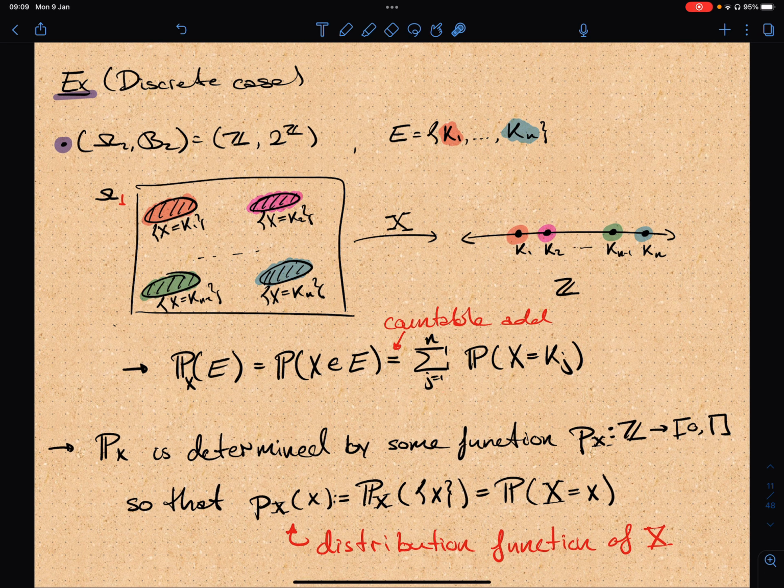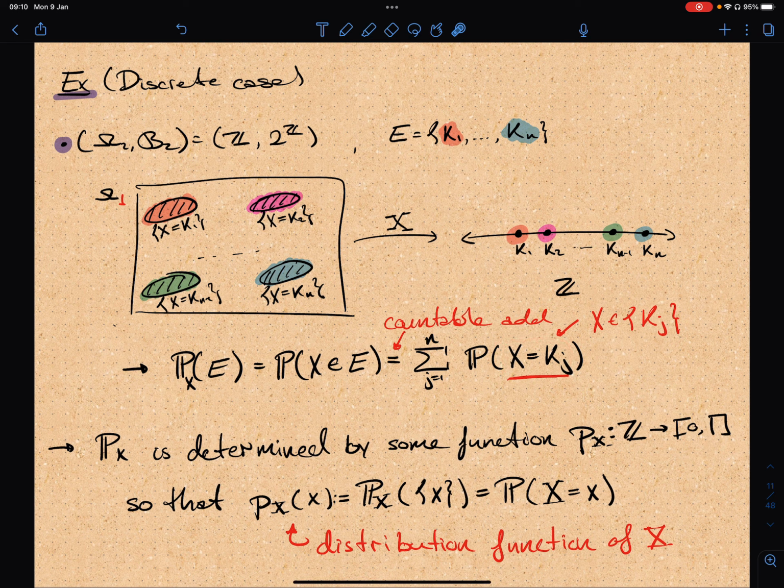Again, this is a little bit more shorthand. This notation here, X equals k_j, really stands for X is in the event of the singleton k_j. But we're trying to have easier notation, so we just write it this way.